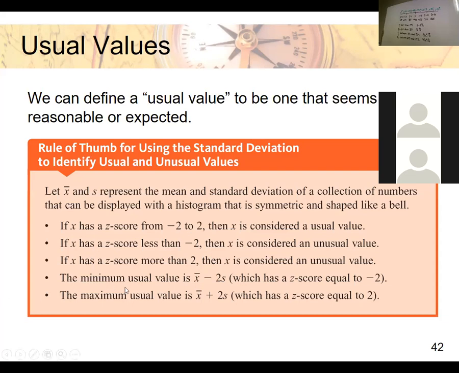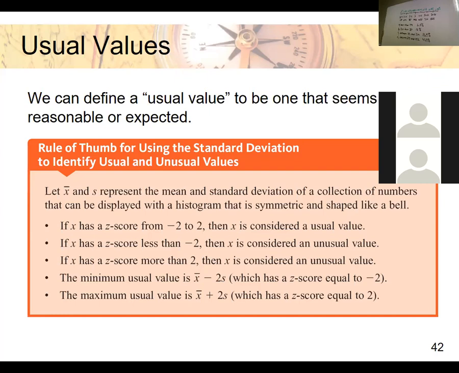Okay, now the minimum usual value is going to be x bar minus 2 times s. That's going to be the mean minus 2 times the standard deviation. And that has a z-score equal to -2. And then the maximum usual value is going to be the mean plus 2 times the standard deviation.